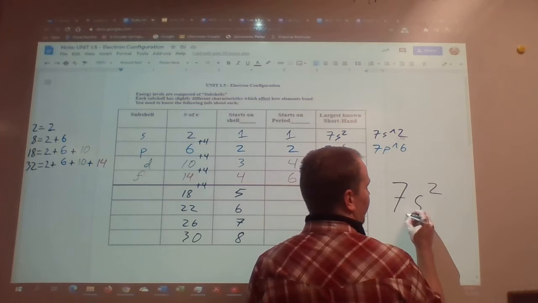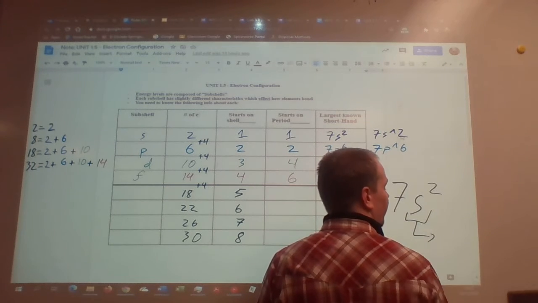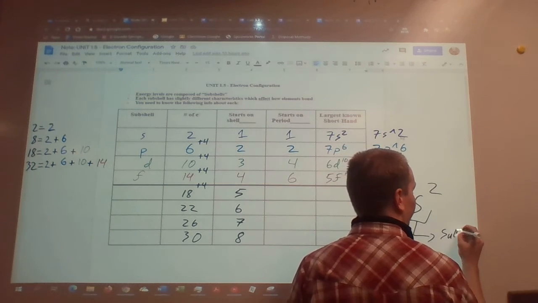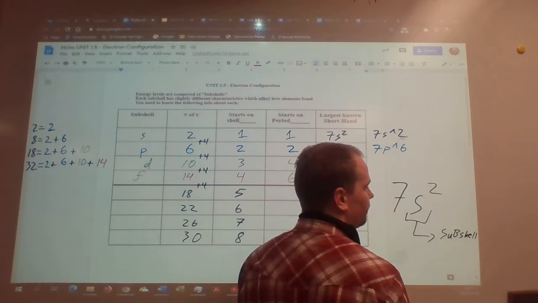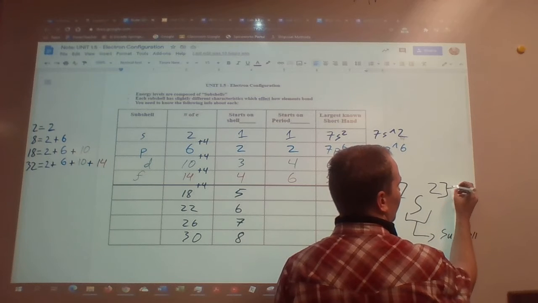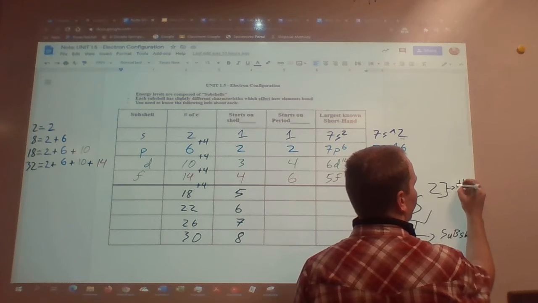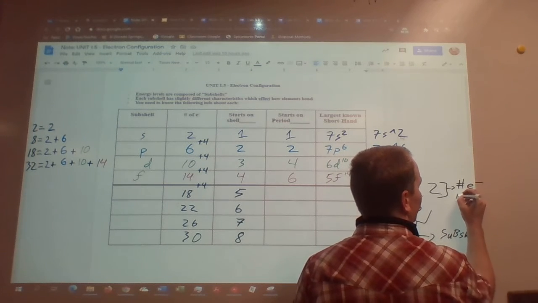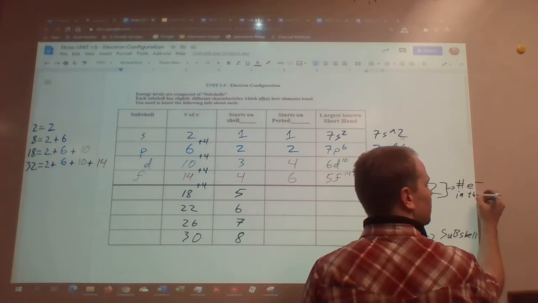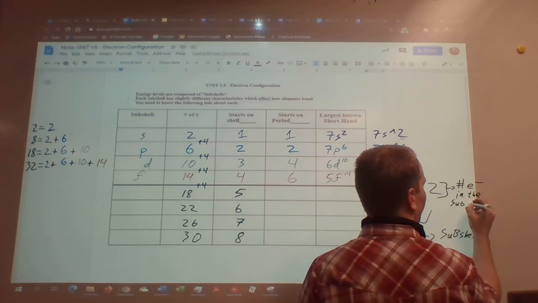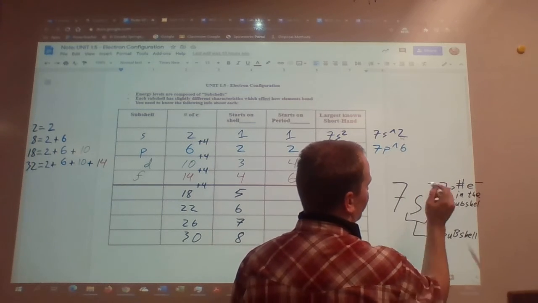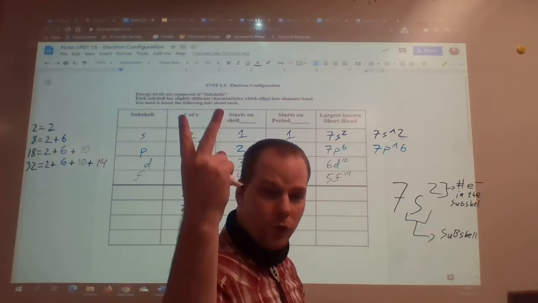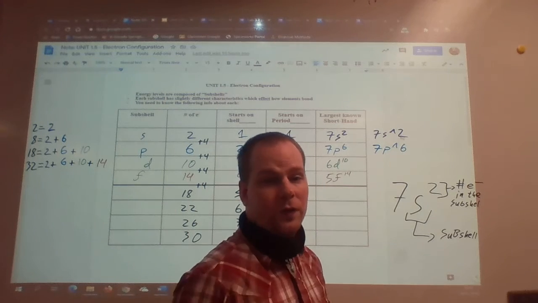First off, the S. That tells you which subshell you're talking about. So this is the S subshell. The 2 tells you the number of electrons in the subshell. So according to 7s2, radium has 2 electrons in the S subshell.